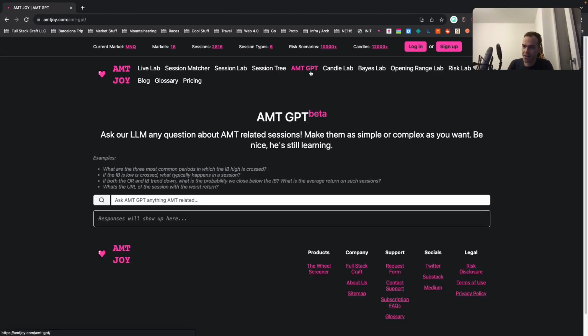Then we've got our AMT GPT. This is also super beta. We're not training it on as much data as we need to yet, but we're working on it. So yeah, you could just say, give me the link to the session with the highest return.